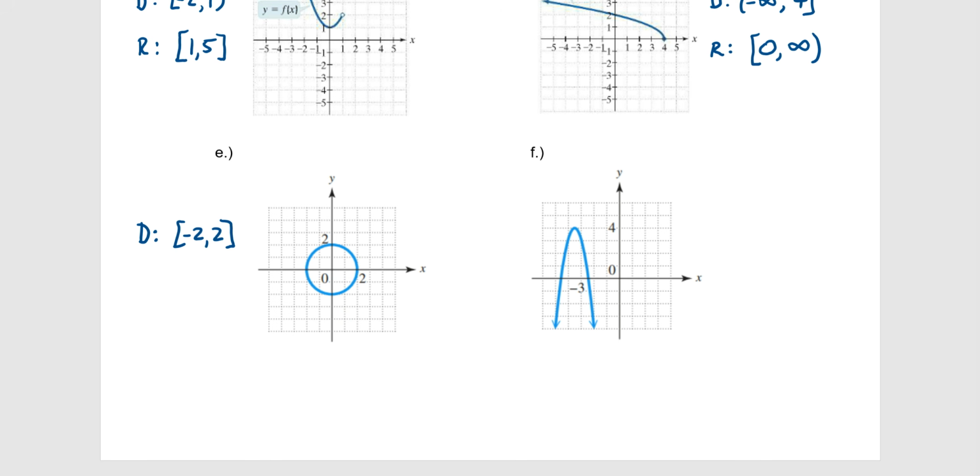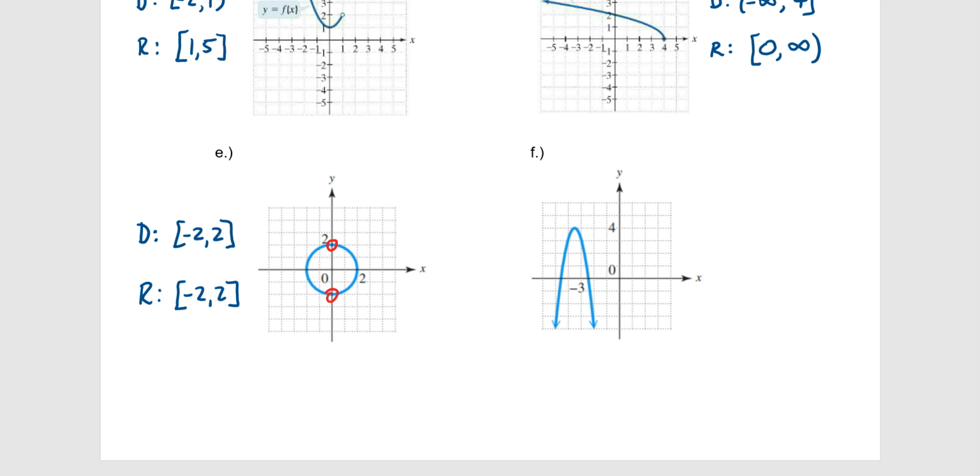Next for the range bottom to top. So for bottom to top for the range, it's going to start right here and end right here. We're looking at the y values. That's going to be -2 to -2 with brackets. So the domain and range happen to be the same for this one.